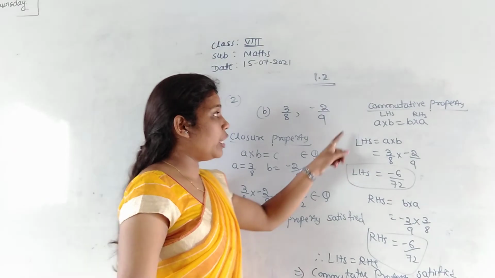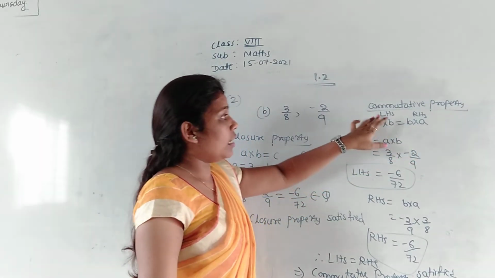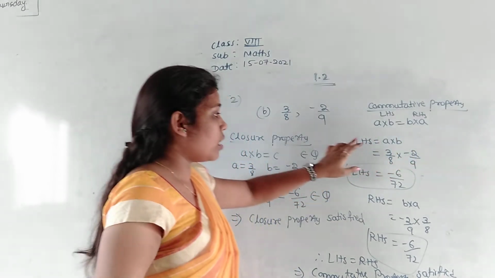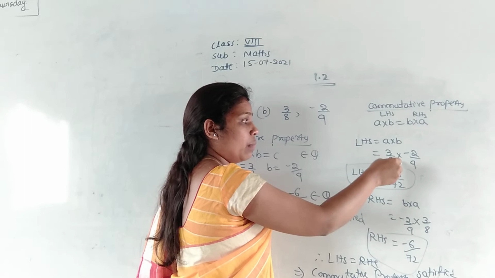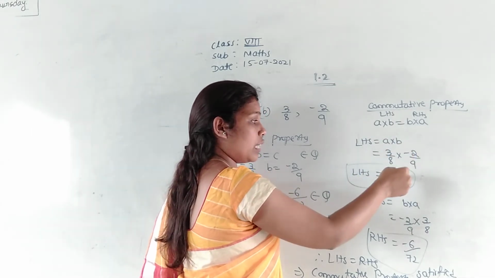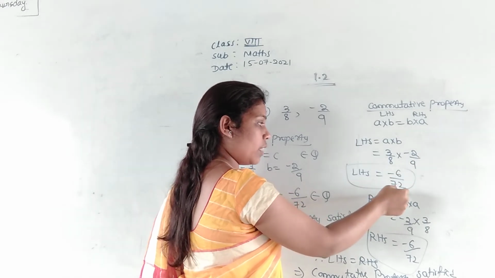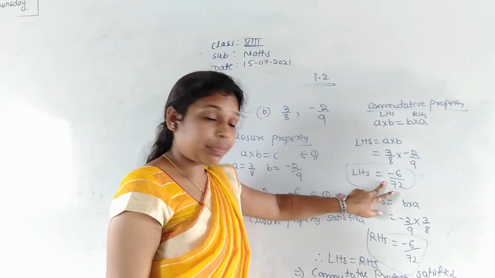Next thing, the commutative property. Commutative property means A into B is equal to B into A. That is LHS is equal to RHS. So first consider the LHS value. That will be A into B. A means 3 by 8 into B value, minus 2 by 9. So 3 into 2 that is minus 6, 8 nines are 72. So what is the LHS value we got here? Minus 6 by 72.